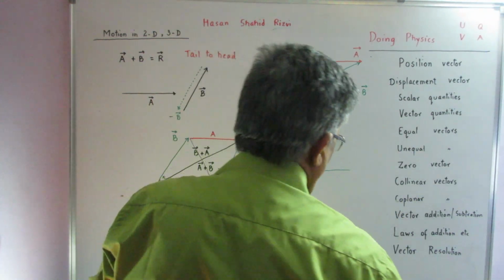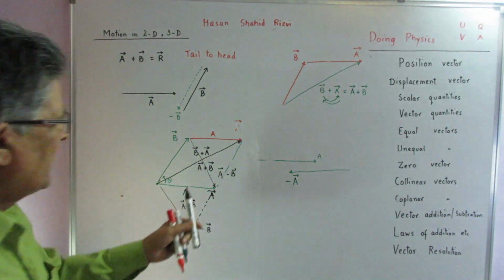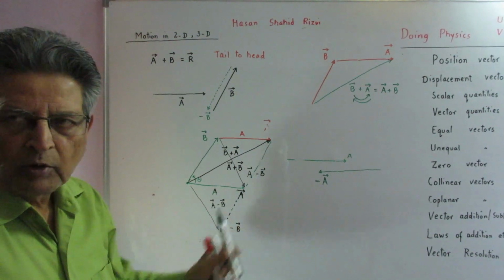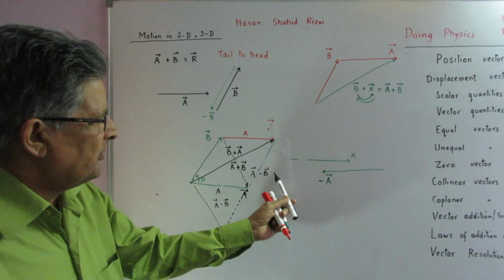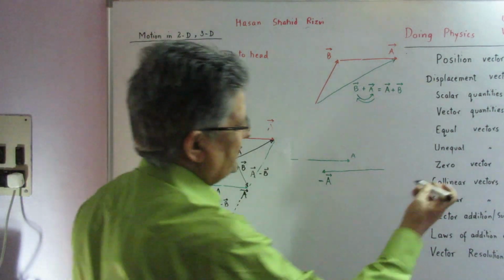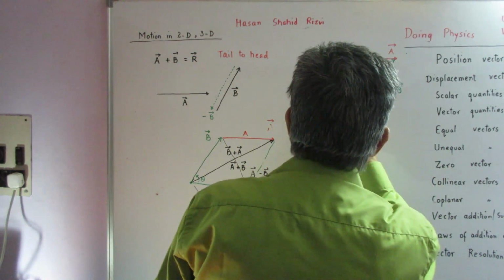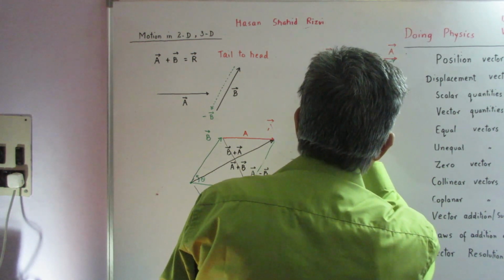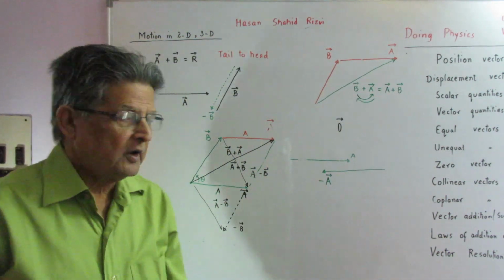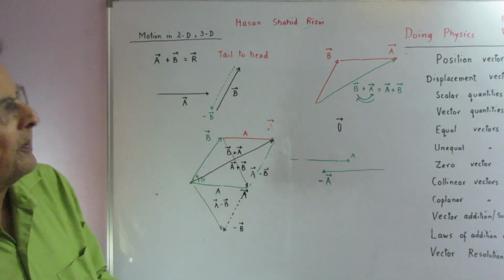Of course, I told you that if the two vectors A and B are equal to each other, A minus B will be equal to 0, but still we say that in the 0 vector we have a 0, but with the vector sign, which has got magnitude equal to 0, but it has a direction which has to be defined by the rules of vector addition, etc.